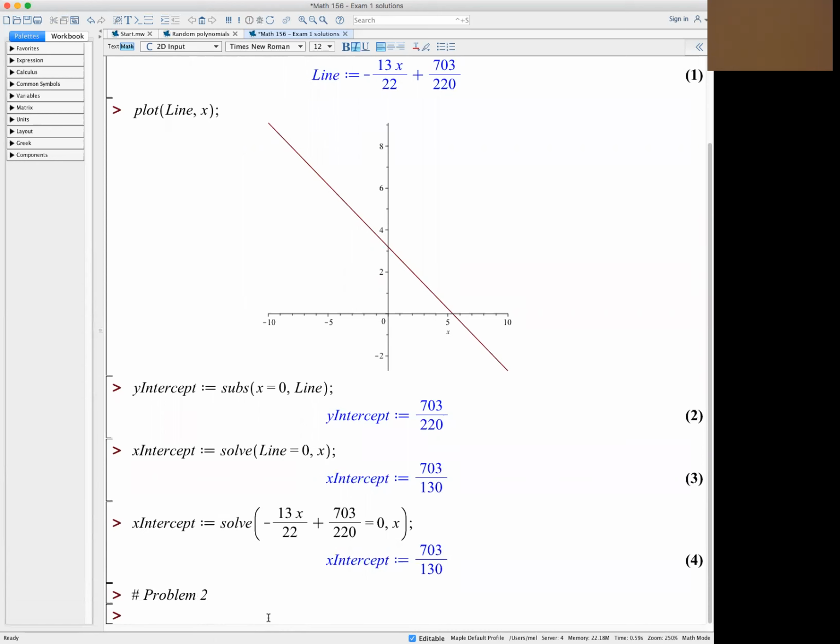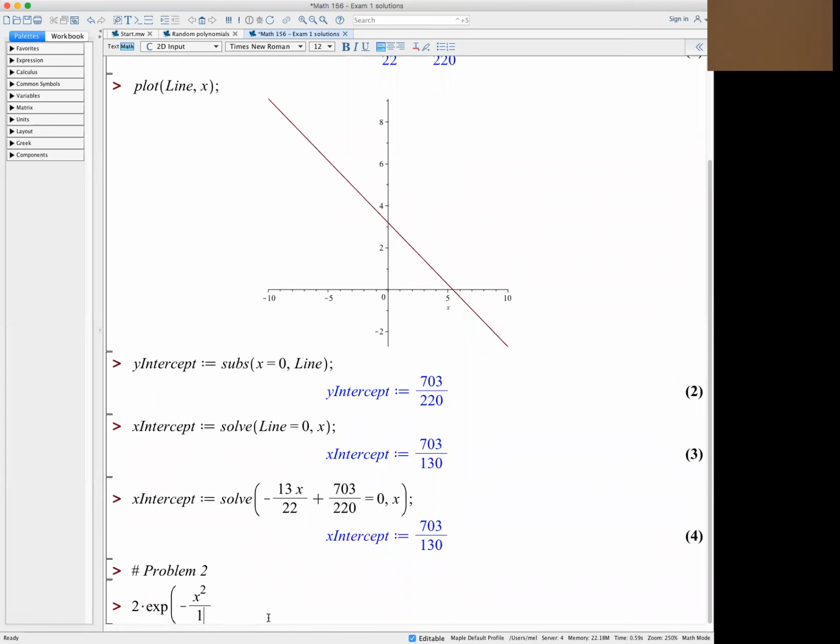For problem 2, we want to find all solutions to a certain equation. The equation is 2 times e to something. That means exp is the function. E to the minus x squared over 15.